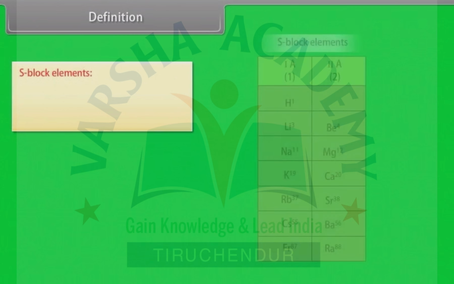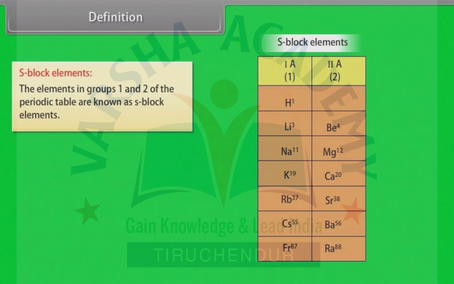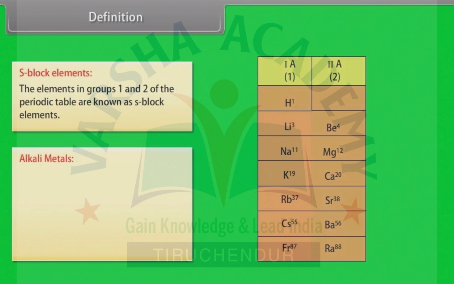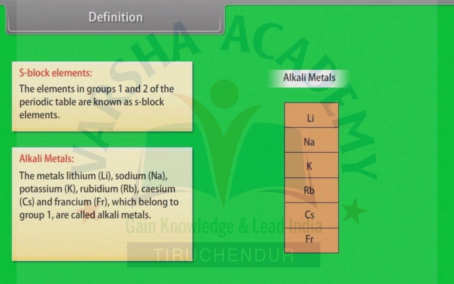Definition. S-block elements. The elements in group 1 and 2 of the periodic table are known as S-block elements. Alkali metals. The metals lithium, sodium, potassium, rubidium, caesium and francium, which belong to group 1, are called alkali metals.